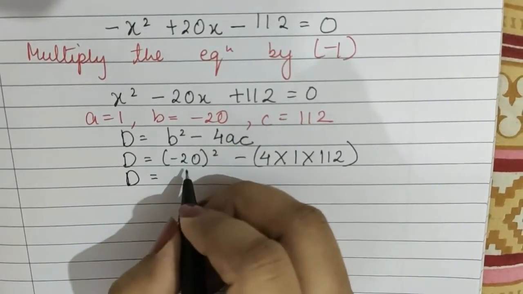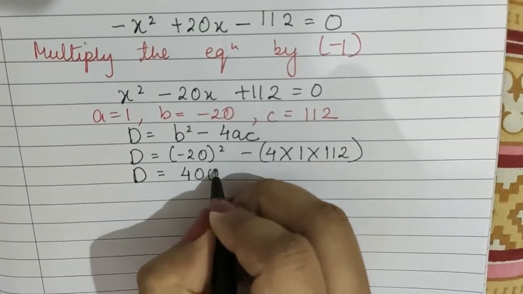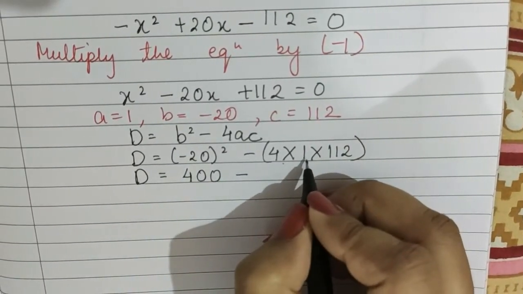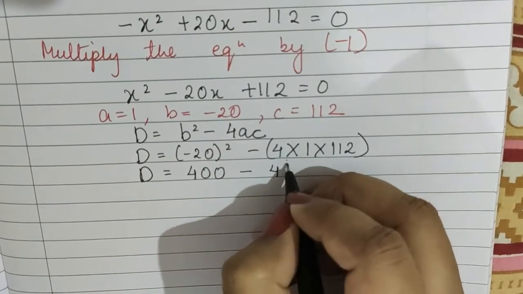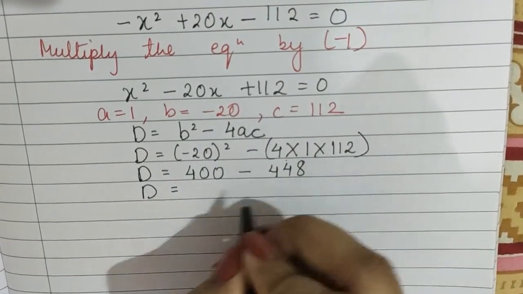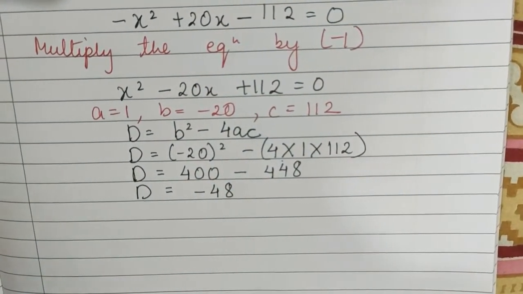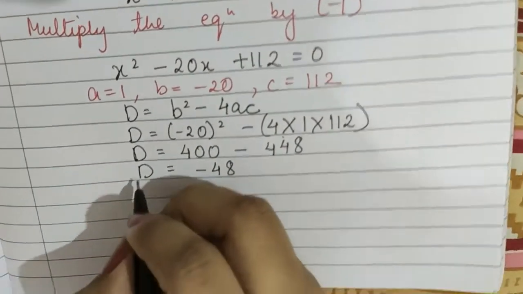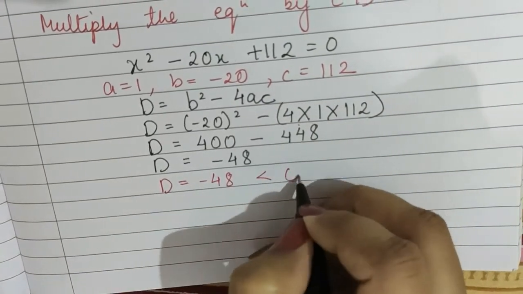We get D equals minus 20 into minus 20, which gives 400, minus 4 into 1 into 112, which gives minus 448. D equals 400 minus 448. We get the answer as minus 48, which is less than 0.